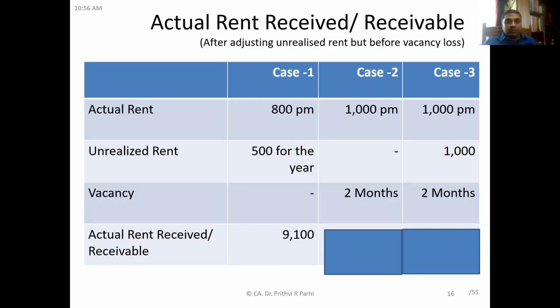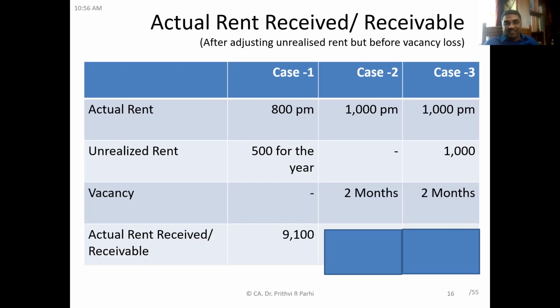Now come to case two. Sir, 10,000. Okay, 10,000 is coming to your mind. So I told you here, before vacancy loss, I again repeat, vacancy loss will not be deducted from actual rent received or receivable. Vacancy loss will be deducted after comparing it with reasonable rent.